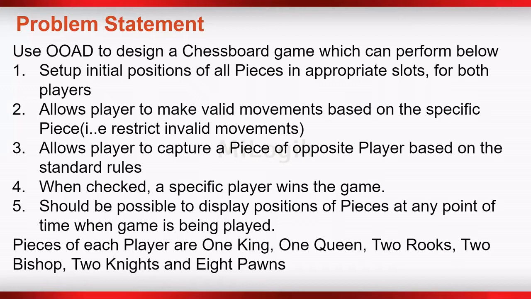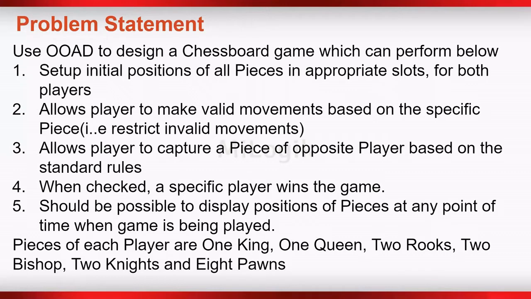That means it has to restrict the player from making invalid movements. It should allow the player to capture one or more pieces of the opposite player based on the standard rules of the game.